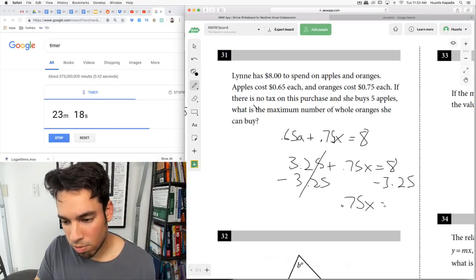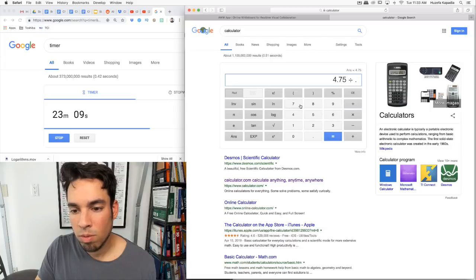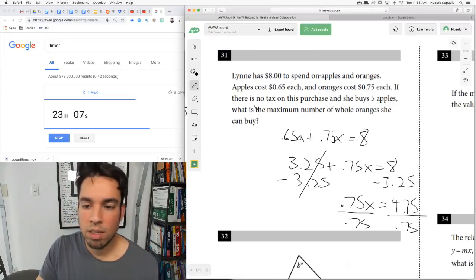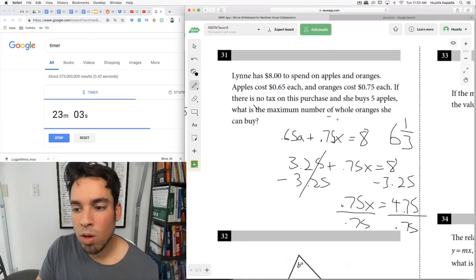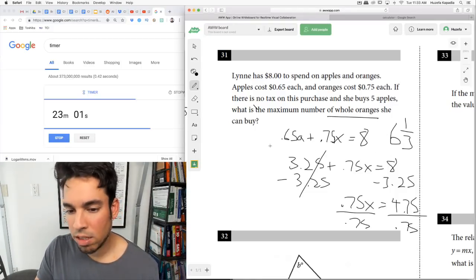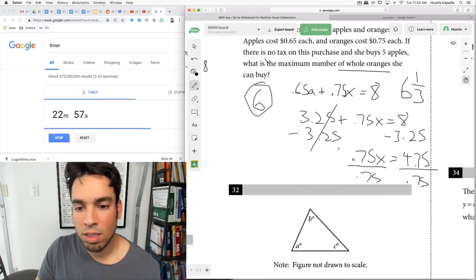Got to be a little more careful on these because there's no multiple choice. And then divide by 0.75. We're going to get a decimal. Okay, so we get 6 1/3. Now, we can't get 6 1/3 because I said how many whole oranges. Well, we can't go over the $8, so the most she can buy is 6. So we got to round down like that.